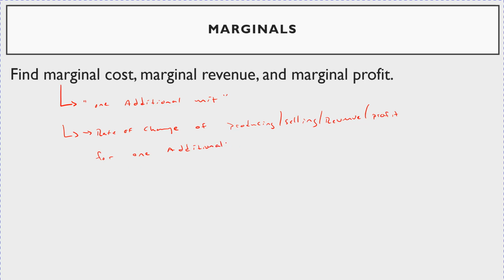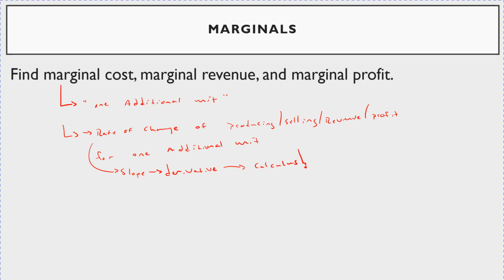And when you think about rate of change, what are you thinking about? You're thinking about a slope. So here, that's going to be our derivative. That's where the calculus comes in. That's how we're going to use calculus here.